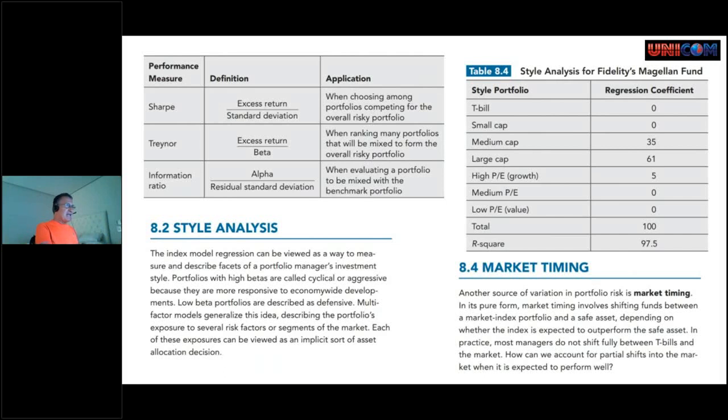Right. So continuing with this session, we're going to be looking at some style analysis now, chapter 8.2 here, and the index model regression can be viewed as a way to measure and describe the way portfolio managers invest, right? So their style that they're adopting.